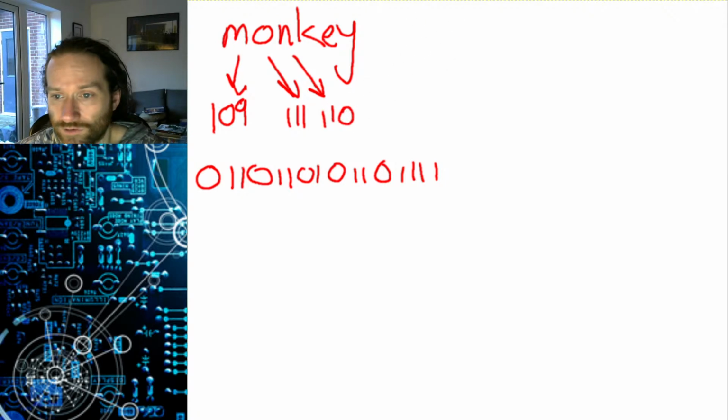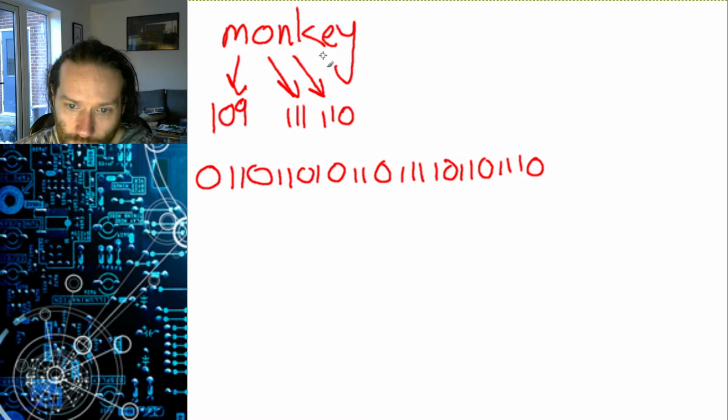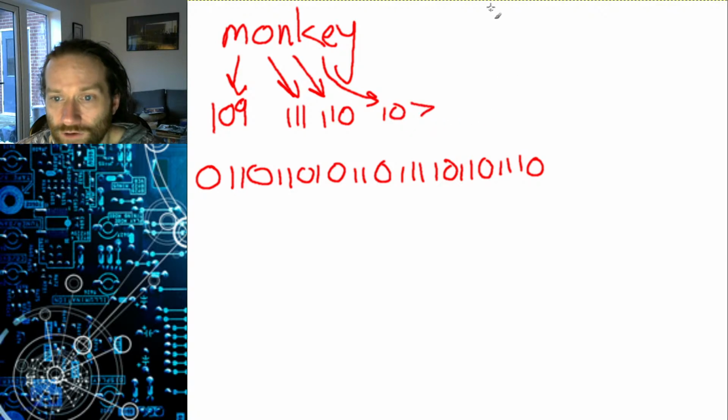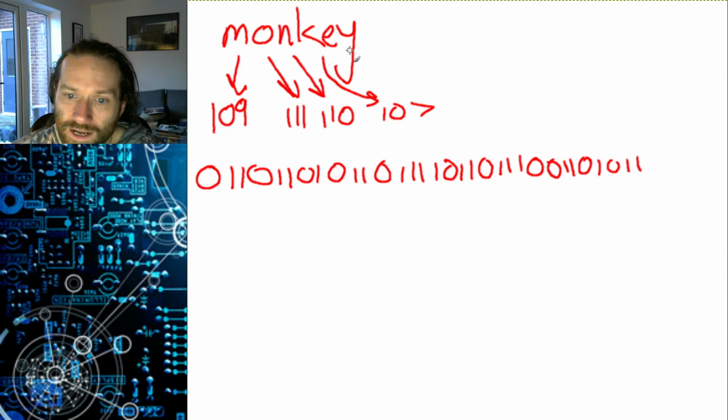Convert 110 to binary and we get 0, 1, 1, 0, 1, 1, 1, 0. We've got a K now. K is 107. Convert 107 to binary and we get 0, 1, 1, 0, 1, 0, 1, 1.